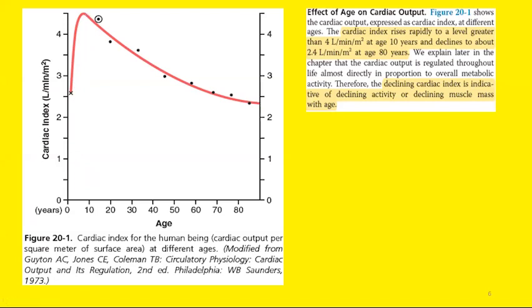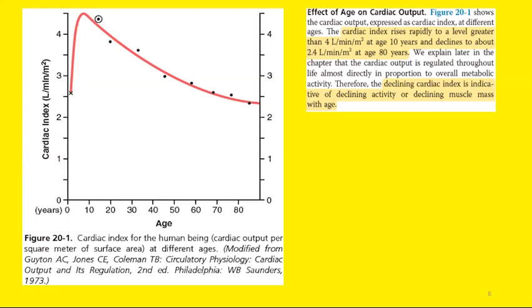And after 10 years of age, the cardiac index starts declining from about 4, it comes back to 2 or 2.5 liters per minute per meter square. So the cardiac index progressively drops after 10 years of age.